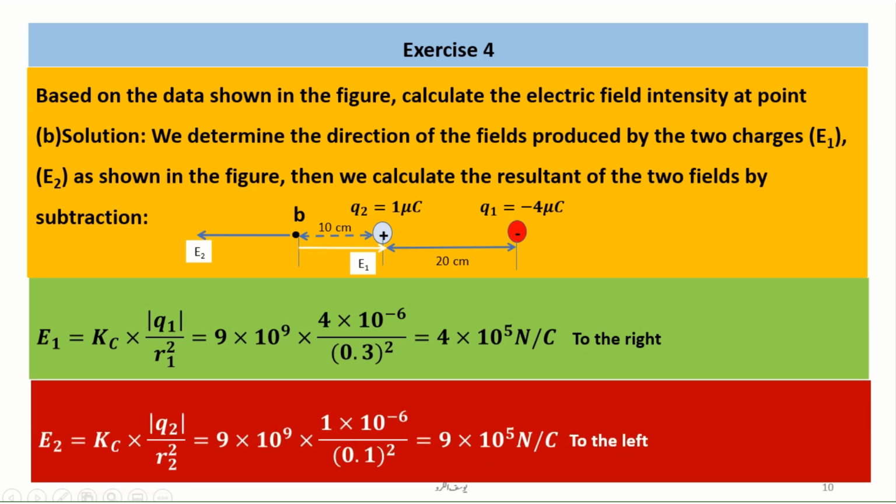Next, E2 equals the constant Kc multiplied by the magnitude of Q2 upon R squared 2. We apply every value, and that means 9 × 10^5 Newton per coulomb to the left.